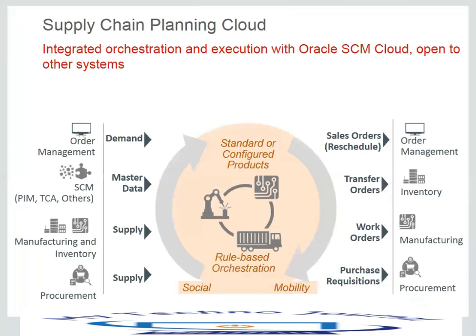This course touches upon the integration that Planning Central has with order management and with manufacturing. Material management is nothing but your inventory and your procurement, and there are many other Oracle Cloud applications as well, like your financials, quality, asset management and so on. Though for asset management and quality, nothing is there as of today from the planning perspective, there might be some other applications as well.